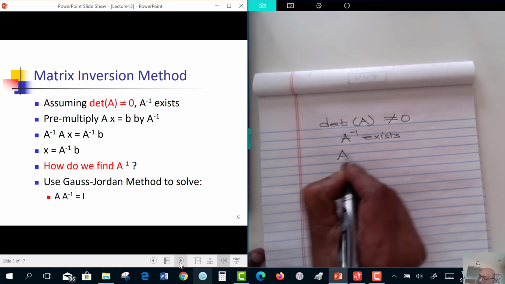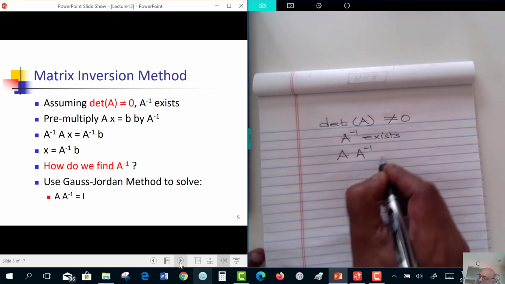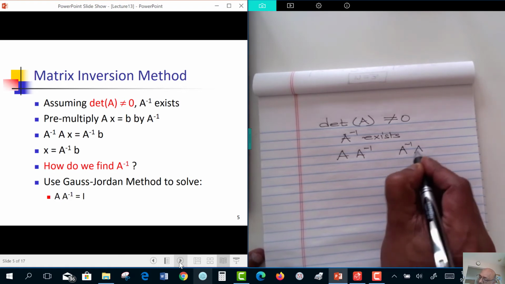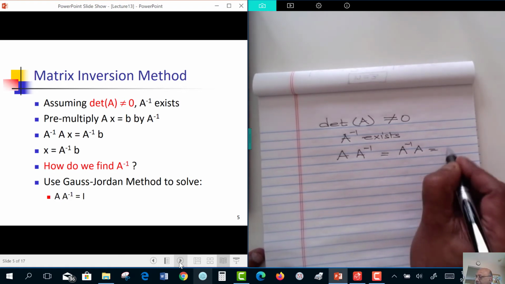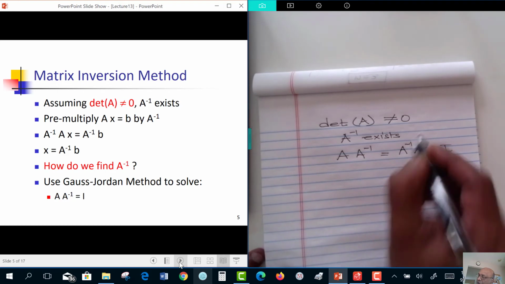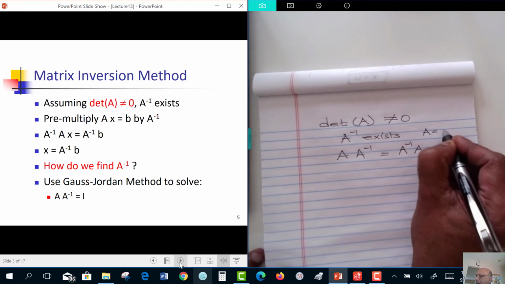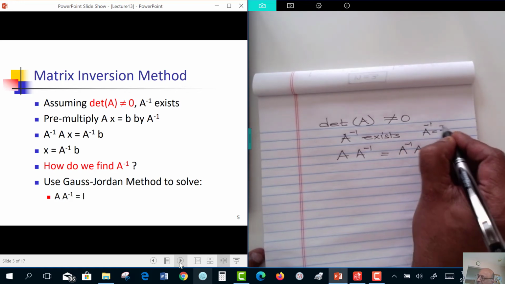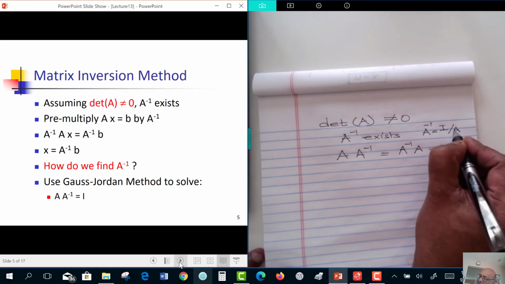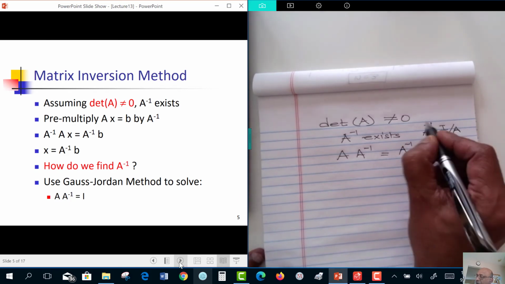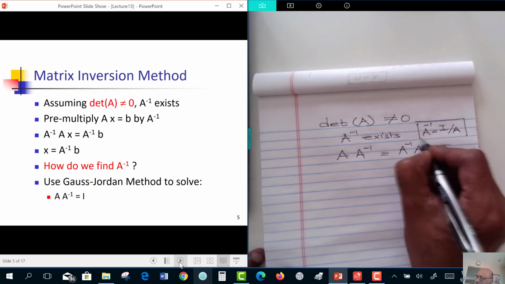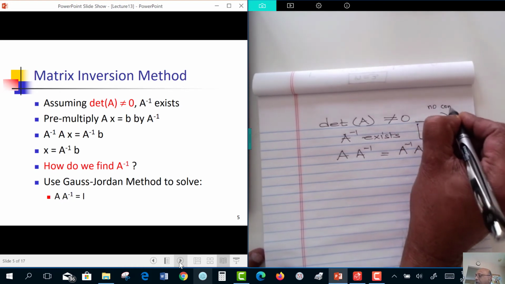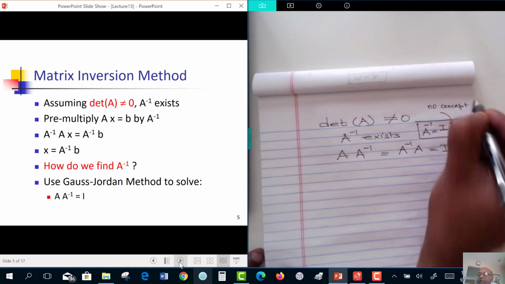If we take A multiplied by A inverse, or A inverse multiplied by A, we'll get the same result. A inverse is like 1 over A, if you think like that. But of course, we don't have the concept of division, so we don't show that algebraically.